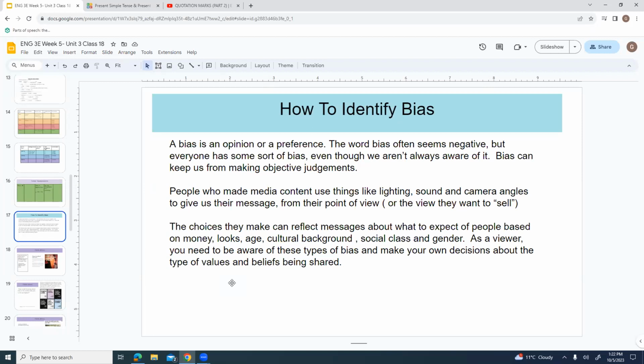The choices they make can reflect messages about what to expect of people based on money, looks, age, cultural background, social class, and gender. As a viewer, you need to be aware of these types of bias and make your own decisions about the types of values and beliefs being shared.